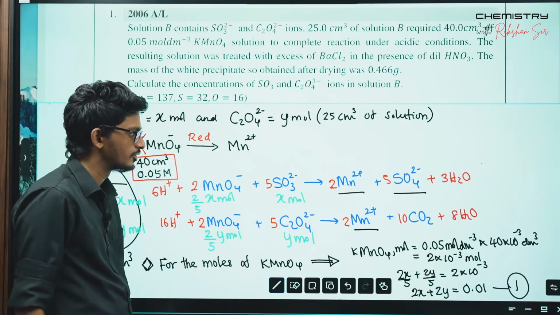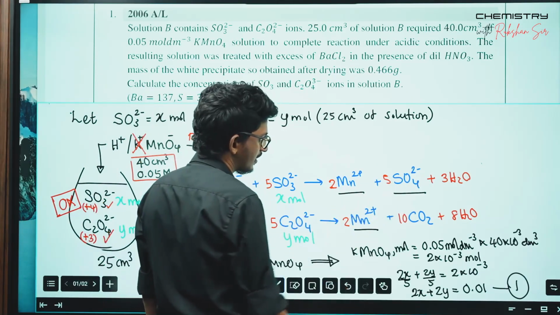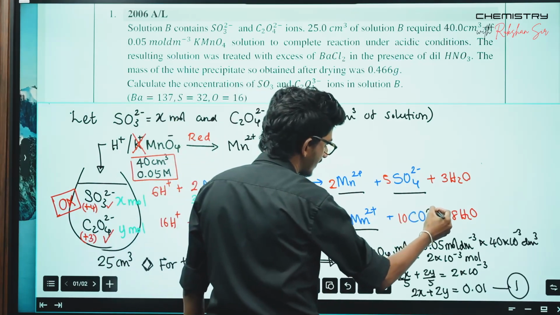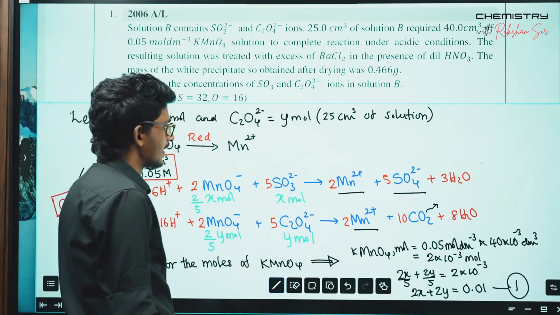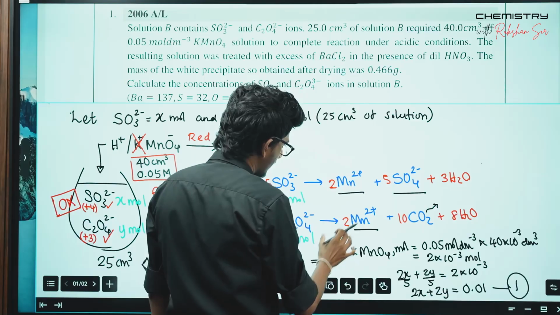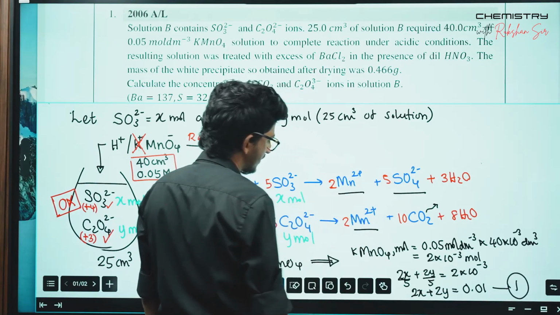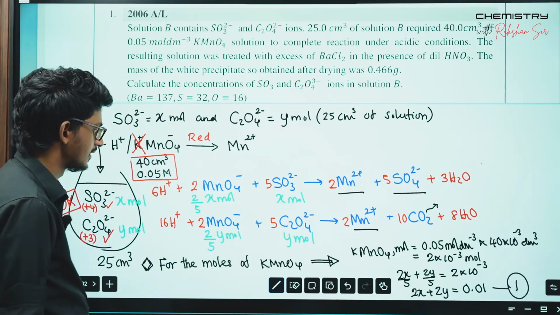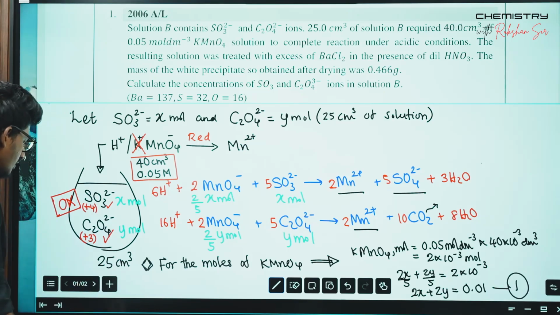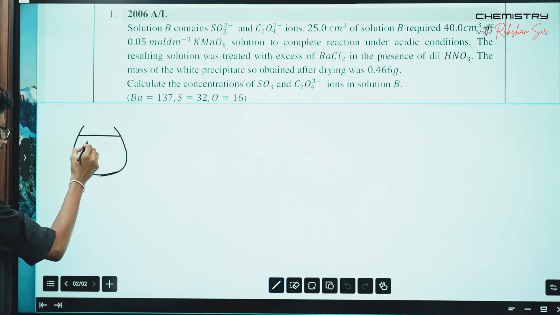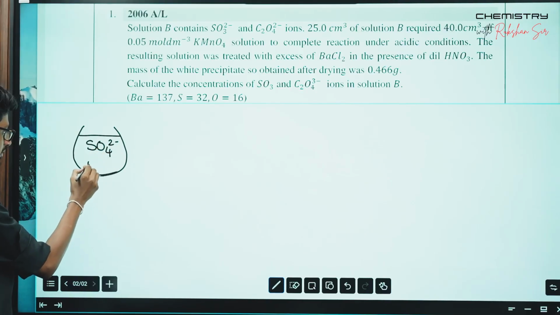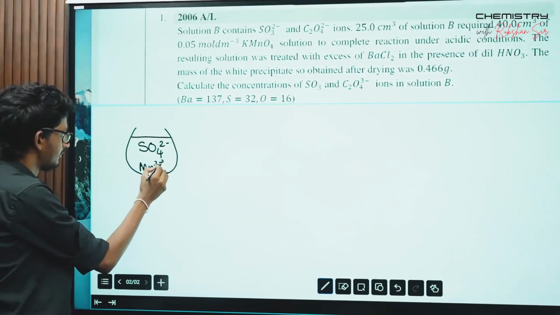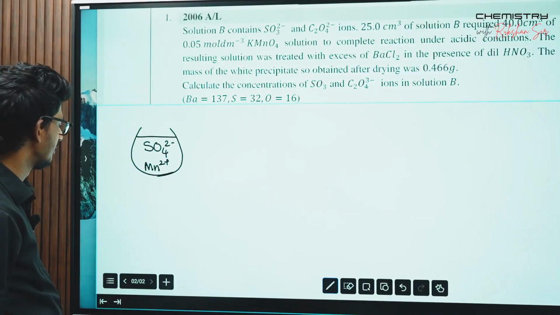The CO2 will be liberated as a gas. So you have SO4 2 minus ions and the Mn2 plus ions. This is your resultant solution.